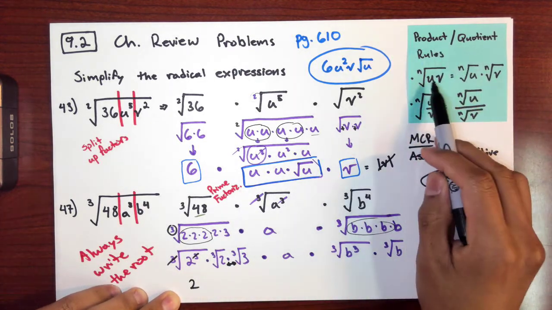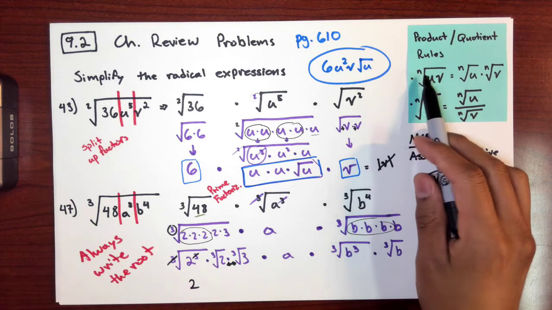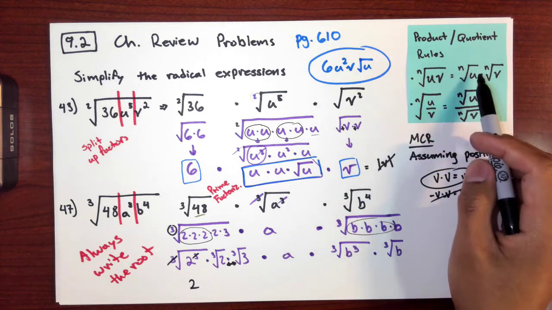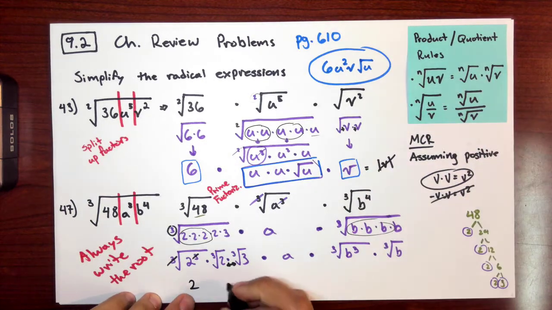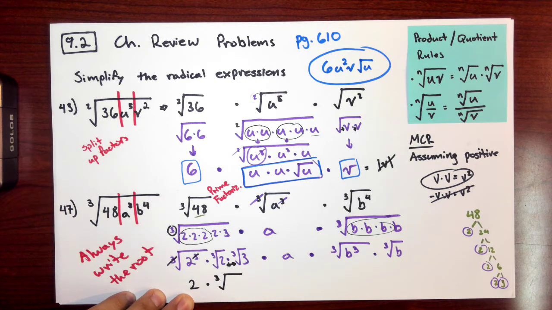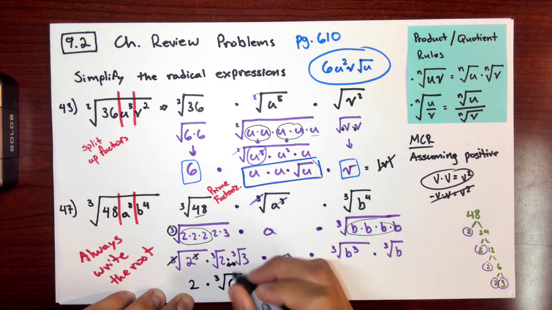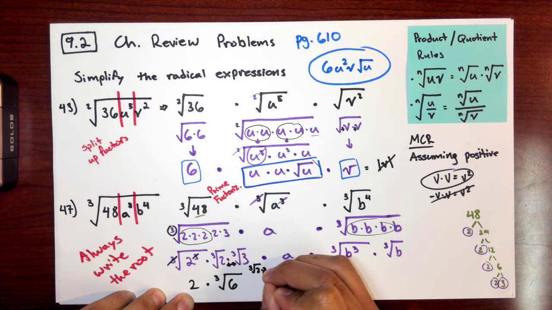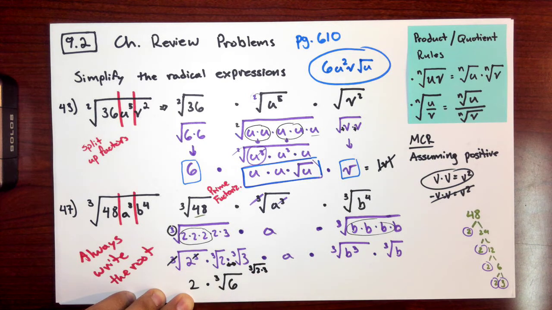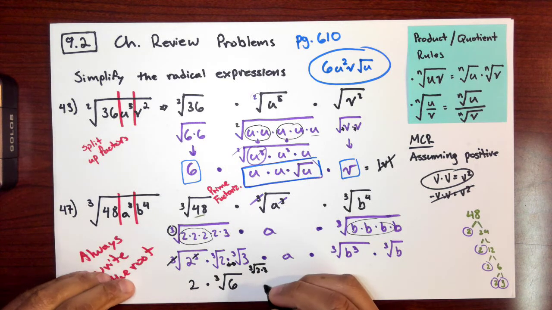And the product rule tells us that the nth root of uv is the same thing as the nth root of u times the nth root of v. So that's what we're going to do here, okay? We're going to combine those two into the cube root of 2 times 3, which was 6, okay? I hope that makes sense. If you need another step in between, know that this is 2 times 3, the cube root of 2 times 3, okay? And then we went ahead and we combined it into 6.